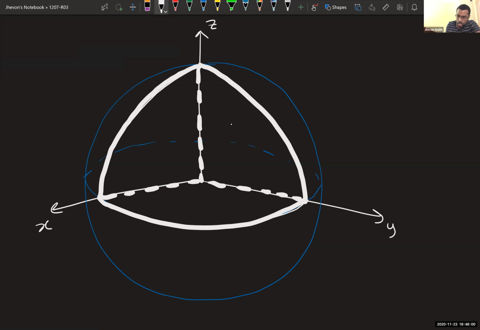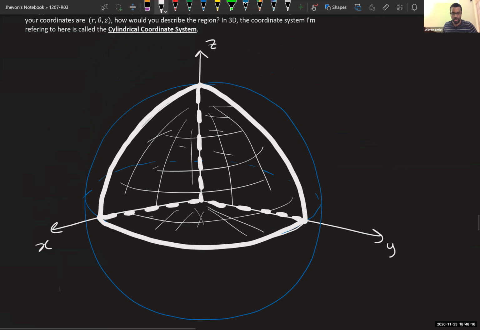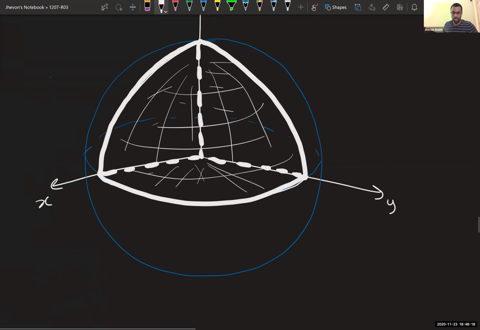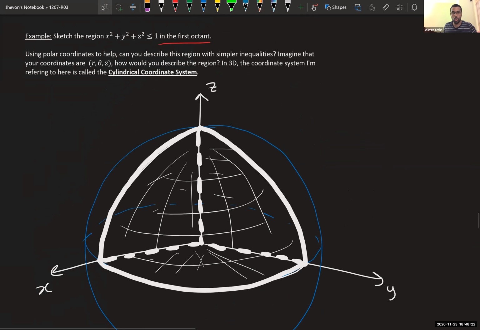It's part of that sphere. This is the part of the sphere in the first octant where the x, y, and z coordinates are all positive.